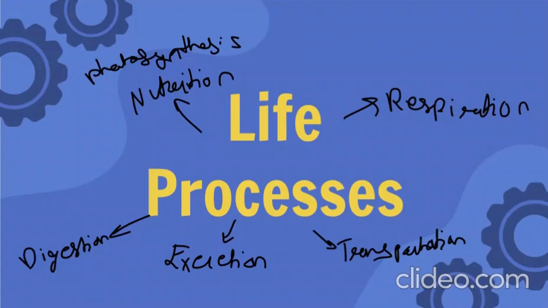Correct. Then coming towards respiration. What is respiration? Respiration is our breathing, but actually respiration is of two types: aerobic and anaerobic. Correct. Aerobic respiration requires oxygen.